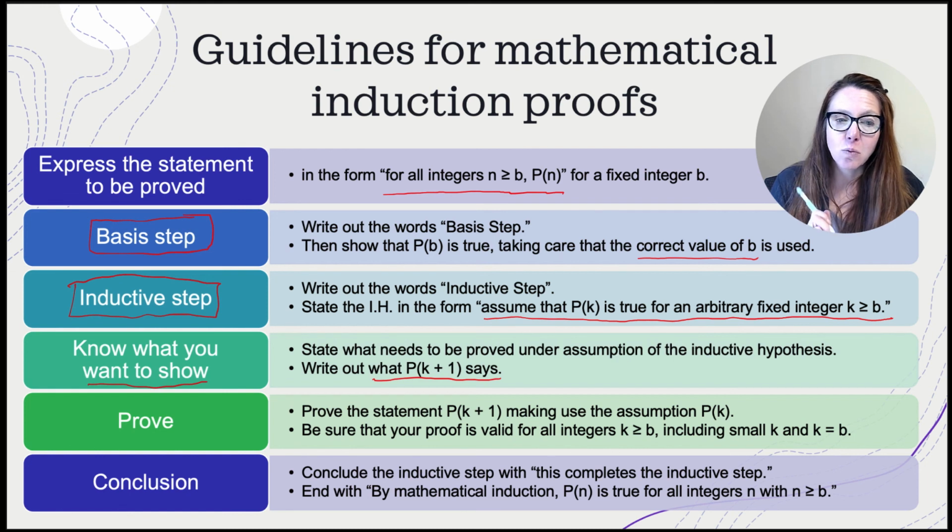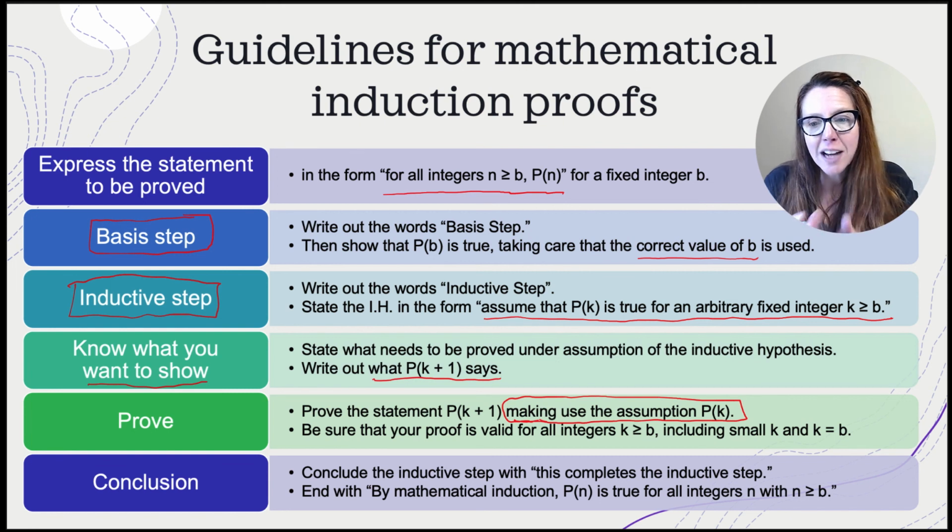Finally, we need to prove this. And we prove this statement, P of k plus 1, most importantly, making use of that assumption that P of k holds. This is important. And generally, the clue as to where you want to go is the direction that will take you in a path that will allow you to use what you know about P of k.